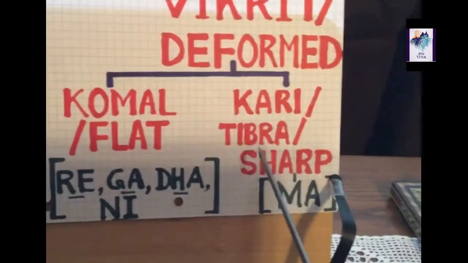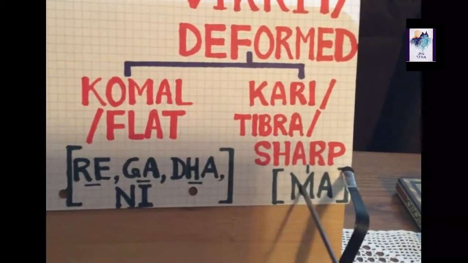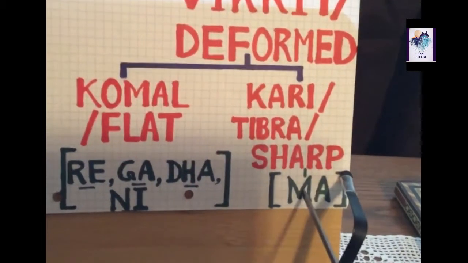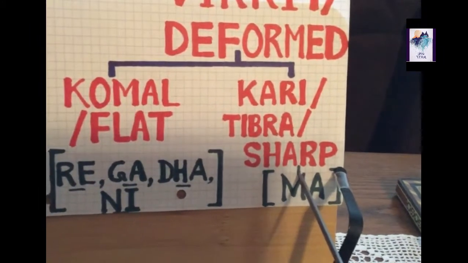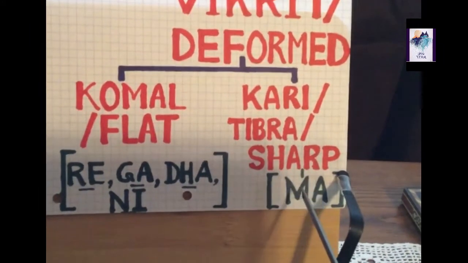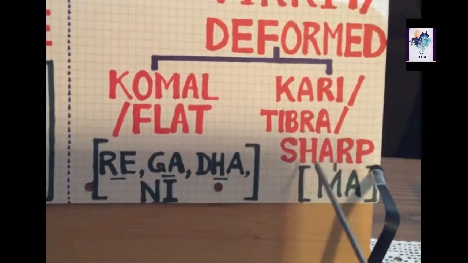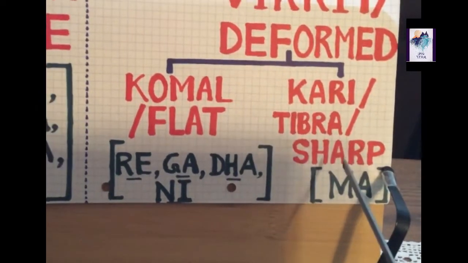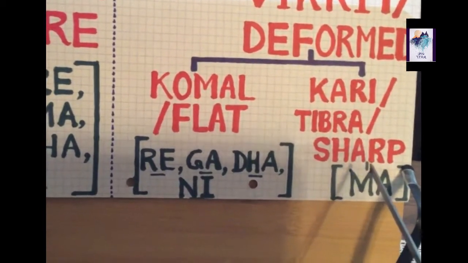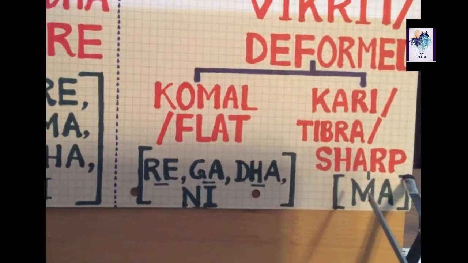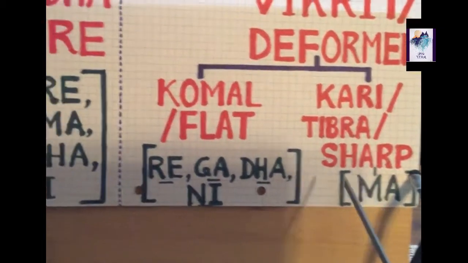For Kari or Tibra or sharp note, you know Ma is the Kari or Tibra Ma. Here is a small straight accent above the note. A small accent above the note indicates the Tibra or sharp note.